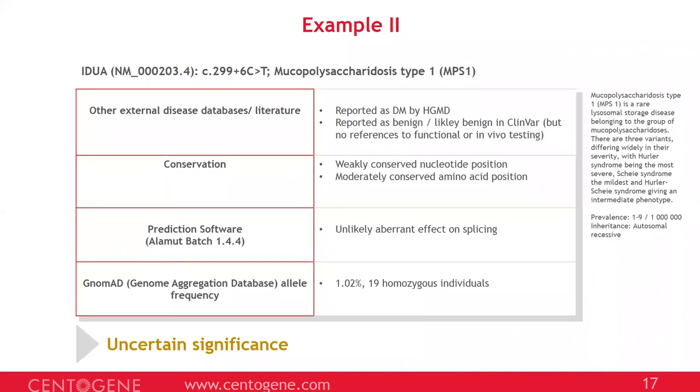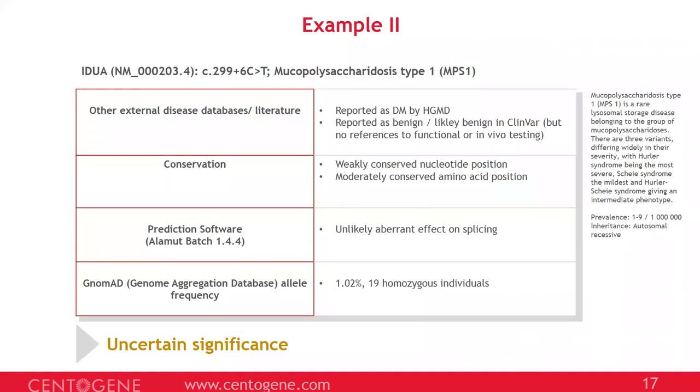Not to forget that gnomAD was released last year, and we detected for the first time this variant, in fact, in 2014. So at that moment, when we classified the variant as uncertain, this important information from gnomAD was not available.